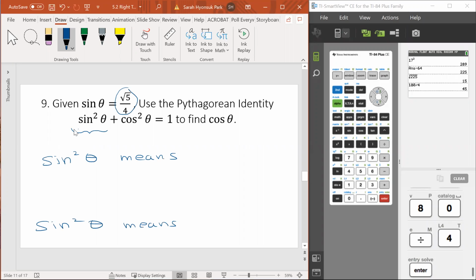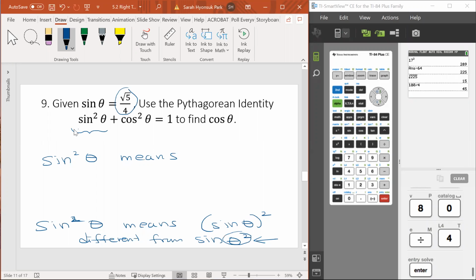This means it's sine theta squared, which is different from sine of theta squared. So when we're squaring the sine, we note that by putting the square next to the sine, because what this one says, sine of theta squared, means we're actually squaring the theta, the angle.